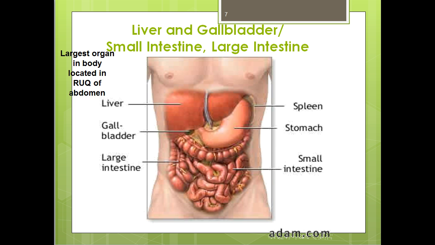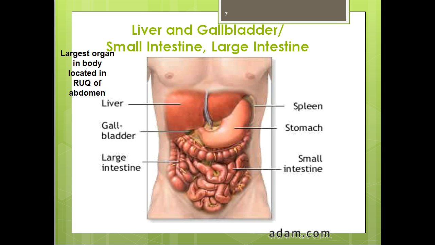Also, as far as the anatomy, when we're talking about the GI system, you want to include the liver, and you want to as well include the gallbladder, and the small intestine and also the large intestine. The largest organ in the body is located in the right upper quadrant of the abdomen, and that is the liver.